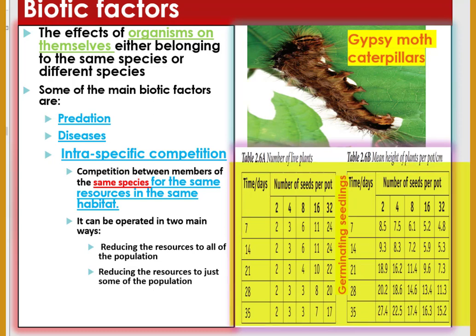There can be intraspecific competition between plants. In one experiment, different numbers of sunflower seeds were planted in the same sized pots. The numbers of live plants per pot and the mean plant height are shown in tables 2.6a and 2.6b.